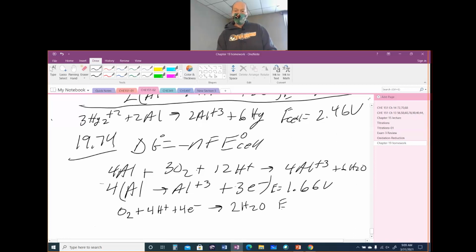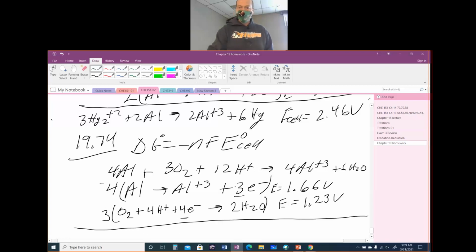And then the E value right off the chart, because that is a reduction half reaction, so that's going to have a reduction potential. That one is 1.23 volts. We also see that we had to multiply that by 3. The reason why you had to multiply it by 4 and 3 is because you had to have the same number of electrons gained and lost. So now you see that that number is 12.